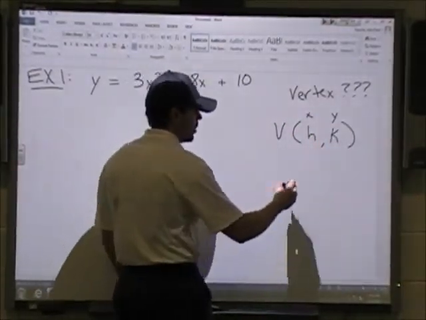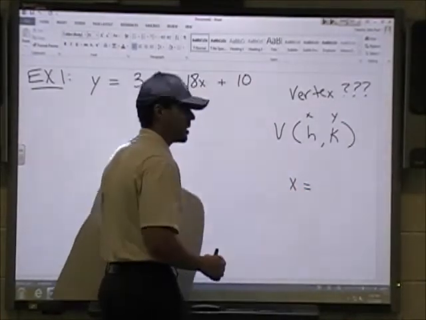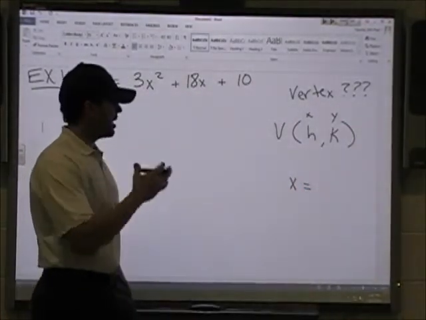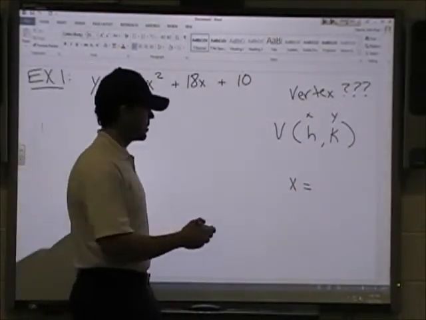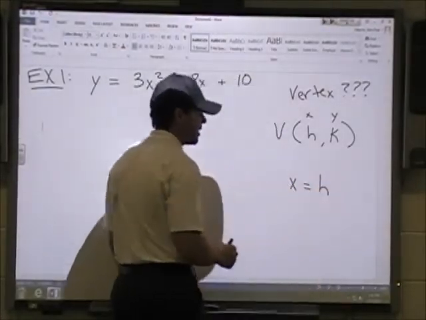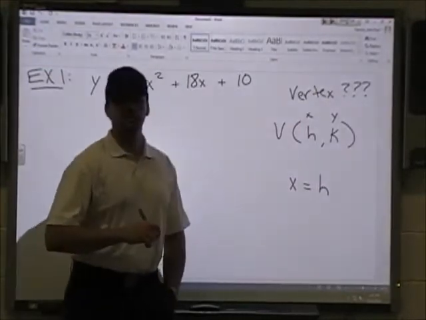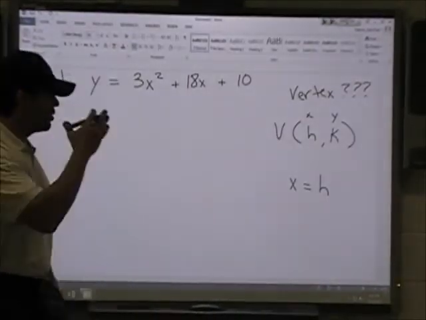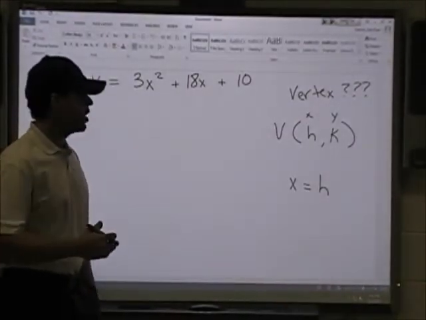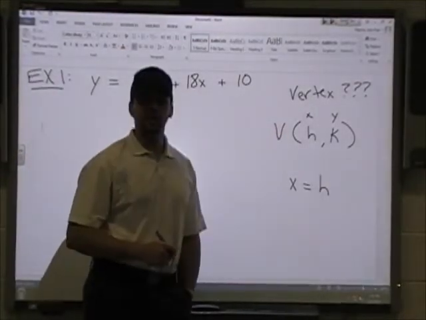You also know that the vertex is where the equation of the axis of symmetry is. If you know the equation of the axis of symmetry, which is x equals whatever your h value is for your vertex, you know where your vertex is located.